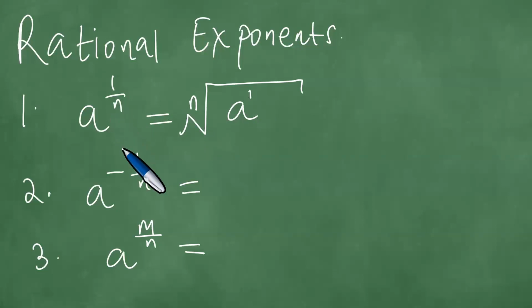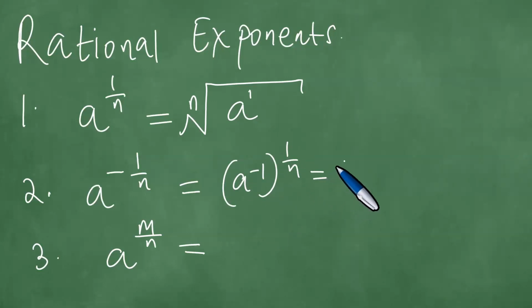Now, if it is a to the power minus 1 over n, it can be written as a to the minus 1 times this, which is 1 over the nth root of a. You can write it like this.